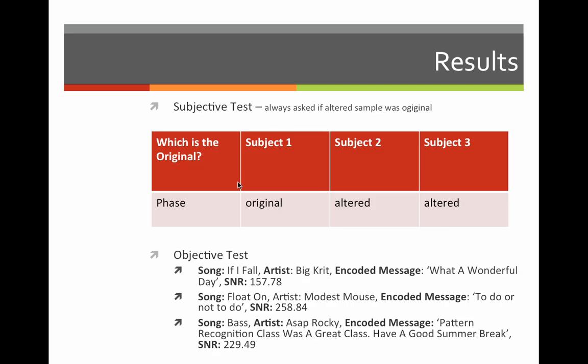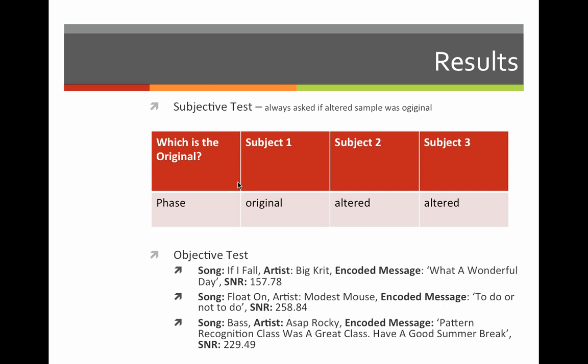As far as the results, I conducted a subjective test. I played the original sample, then the altered sample, and would ask if the altered sample was the original.